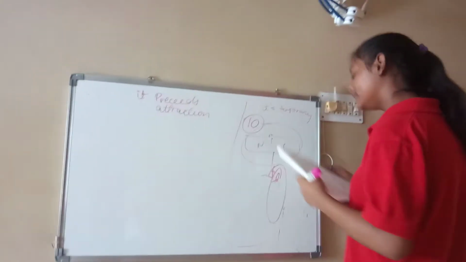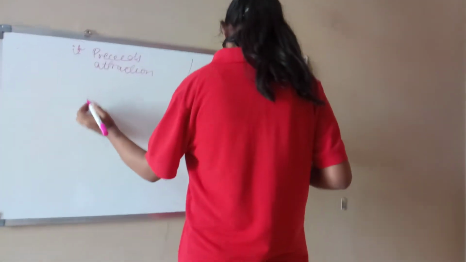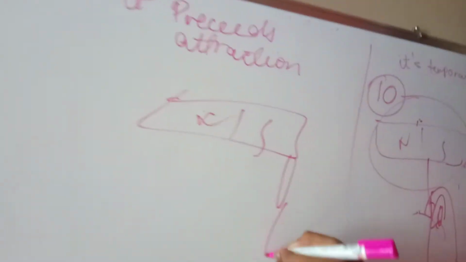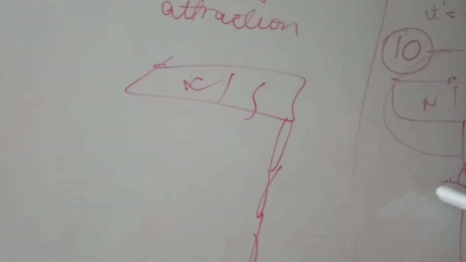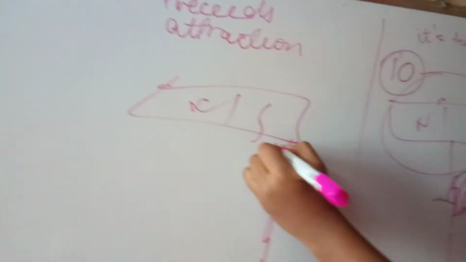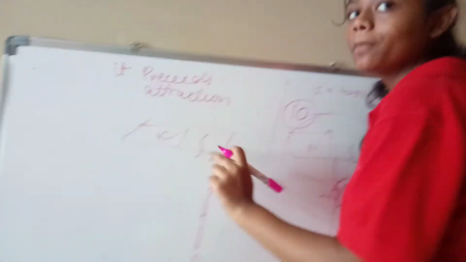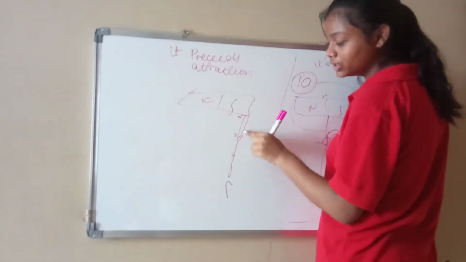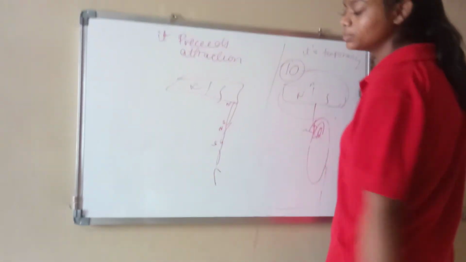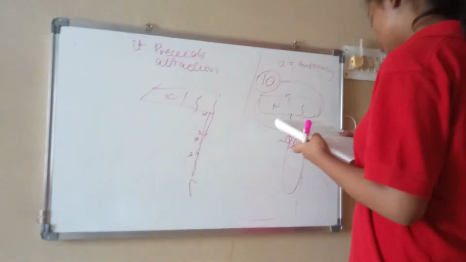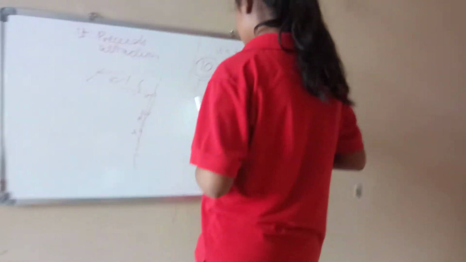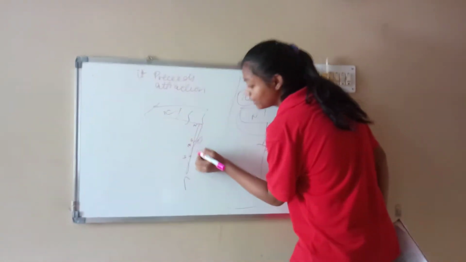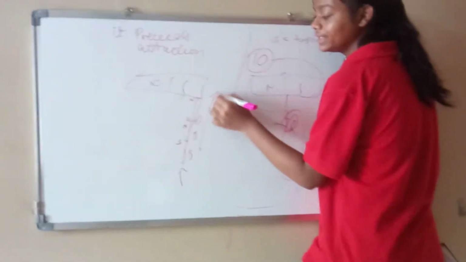So now, induction precedes attraction. This is a magnet, these are the pins. Okay, so now if this is south, it has to be north, then only it is attracted. You know, men, unlike poles. So this is the other pole, south. Now if this pin has to be attracted to this, it has to be north, and this has to be south. So the process continues to go on. Now this opposite polarity is happening.